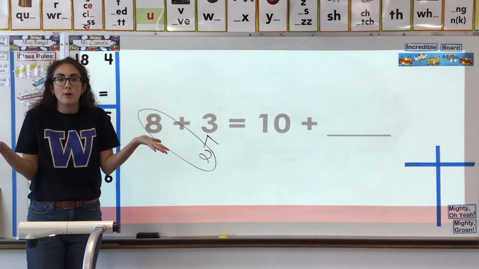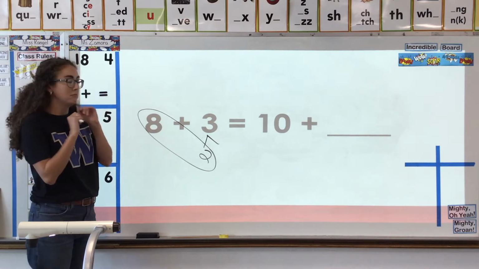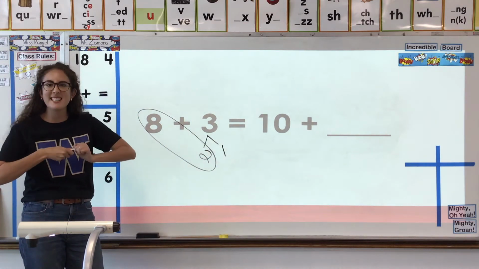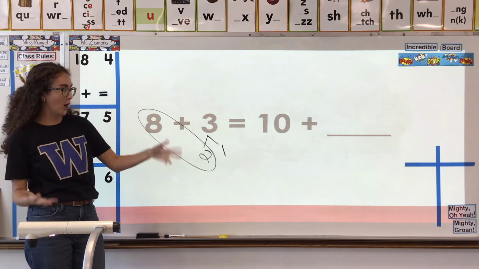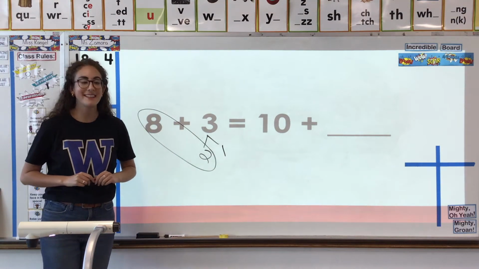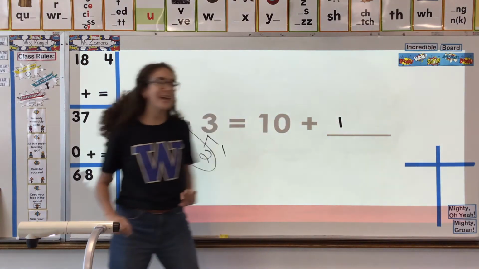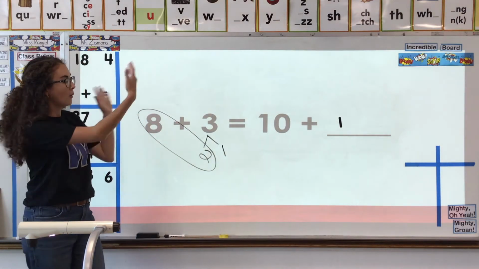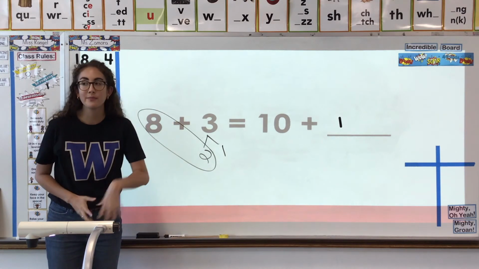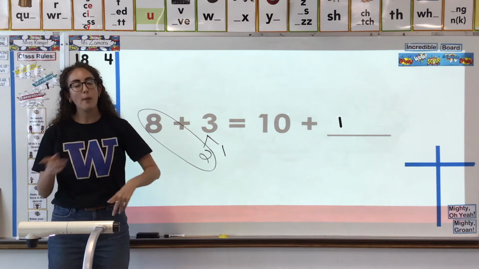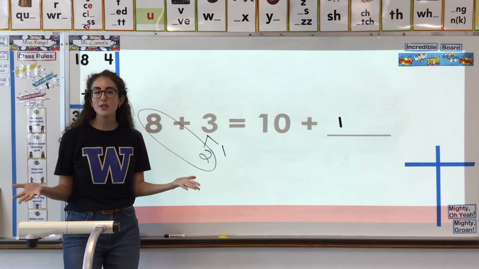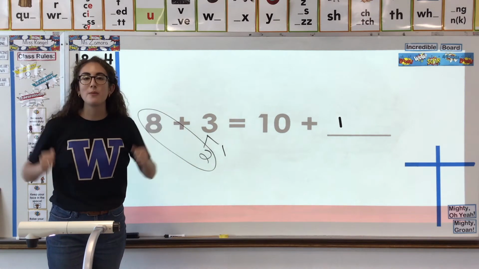So then, what's next? A 1 goes in our other side because it's left over. So 8 plus 3 is equal to 10 plus 1, exactly. And what is 8 plus 3 and 10 plus 1? What's the answer? 11. Both of these problems equal 11. And we used our super awesome knowledge to solve them with mental math.